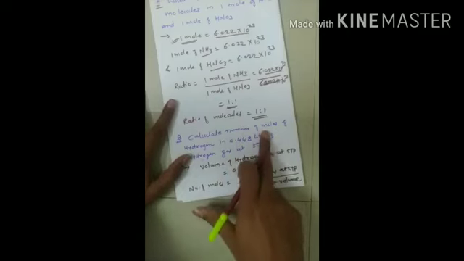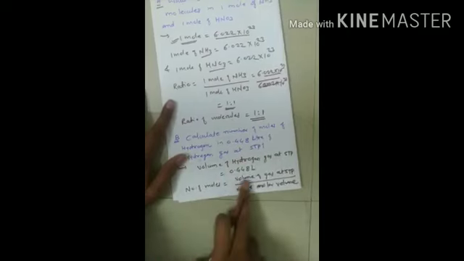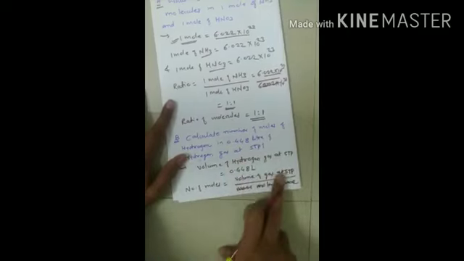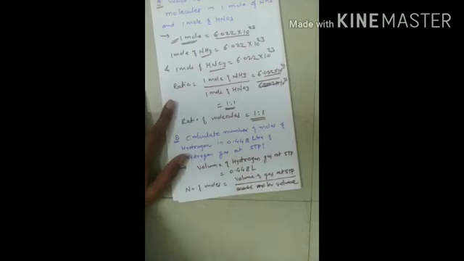Here, the volume of gas at STP is already given. It is 0.448 liter, and the molar volume of gas, as we all know, is a constant value. It is 22.4 decimeter cube. When we convert it into liter, it becomes 22.4 liter.